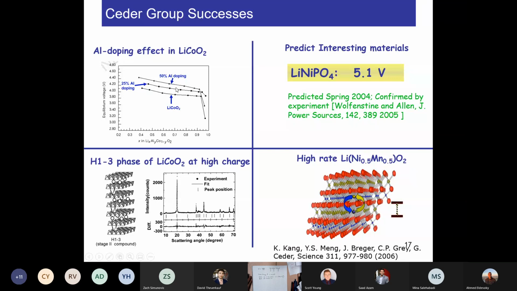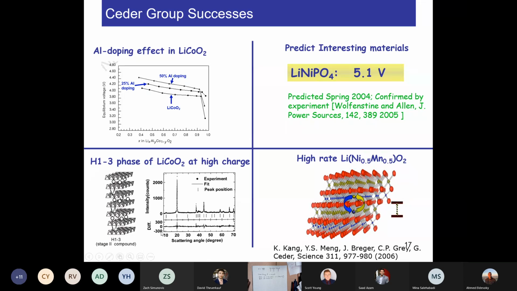And this has been experimentally verified as well as by theory. They predicted that this particular material would exist and have a high voltage, and that was found. They also predicted the H1-3 phase, the stage 2 lithium cobalt oxide phase at high voltage.